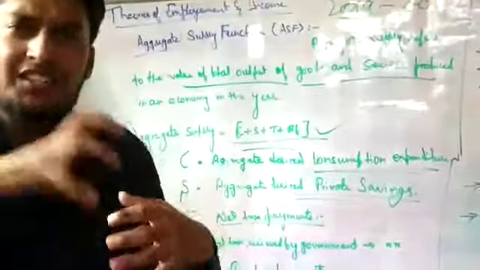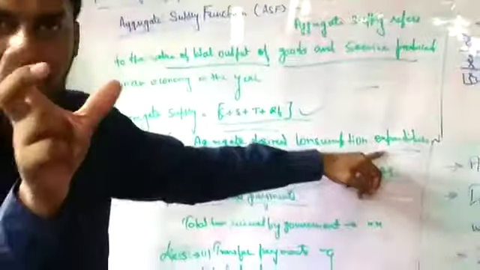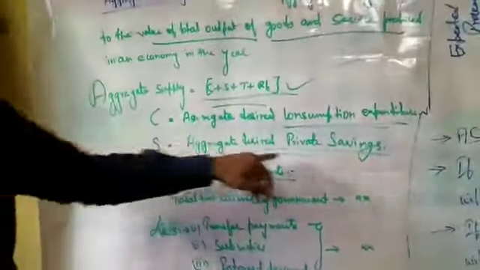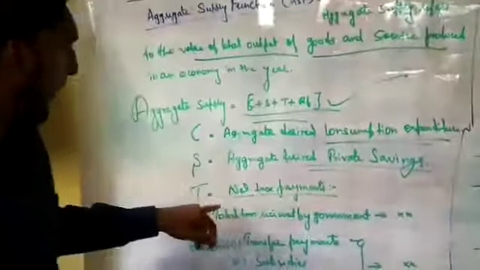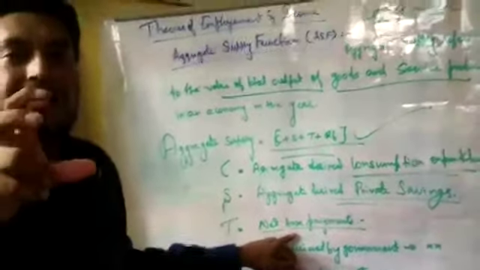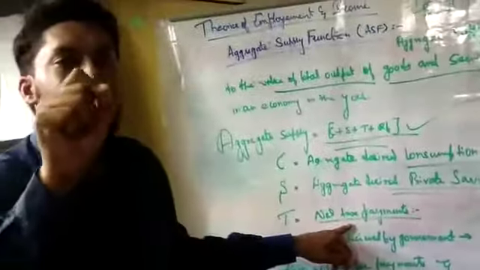how much you have consumed, that expenditure you take, plus add the private savings you have, plus add the net tax payment.